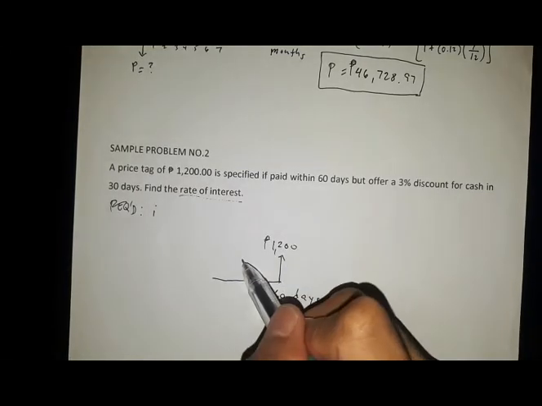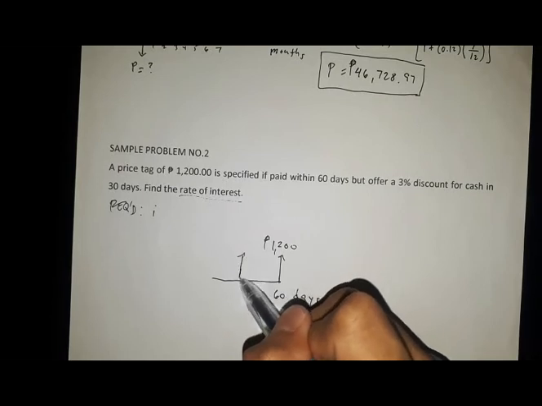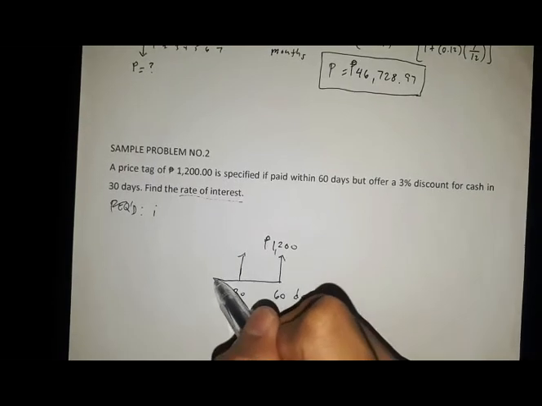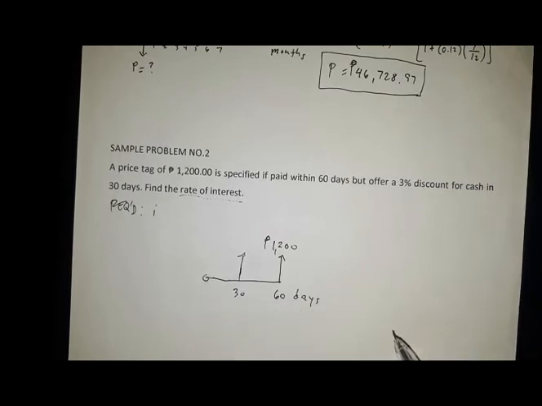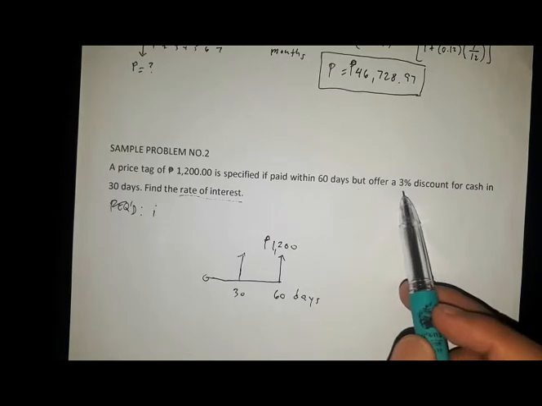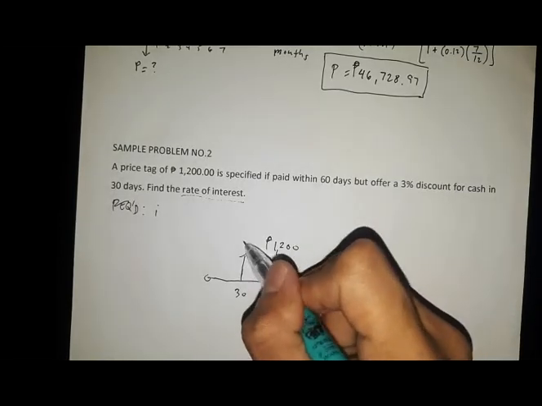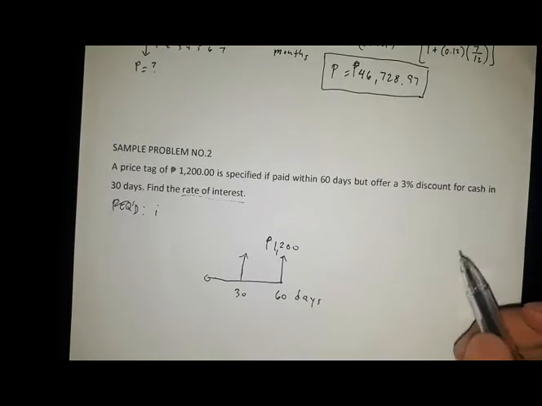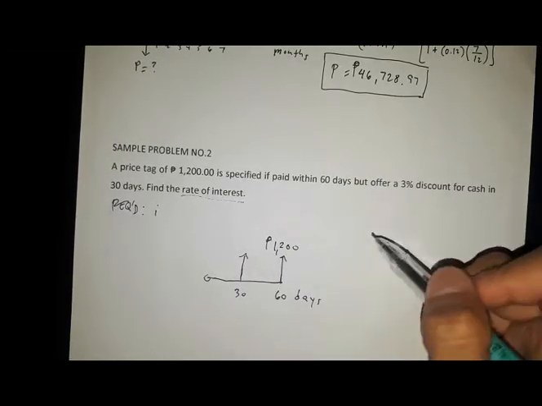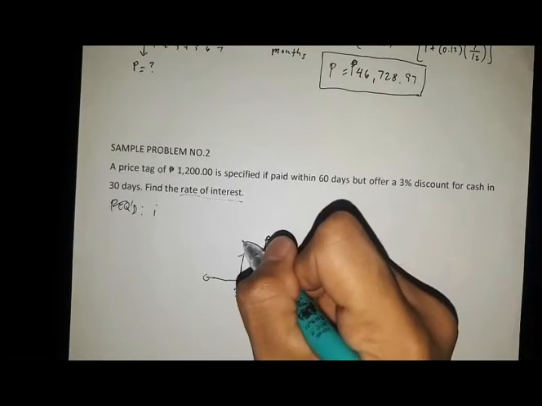But if paid within 30 days, the offer is a 3% discount for cash. So meaning to say, this amount, let's call this P.